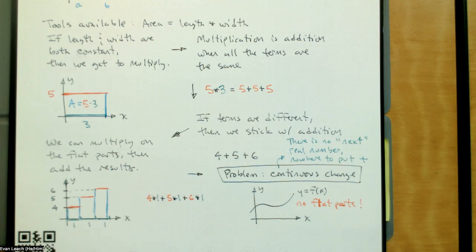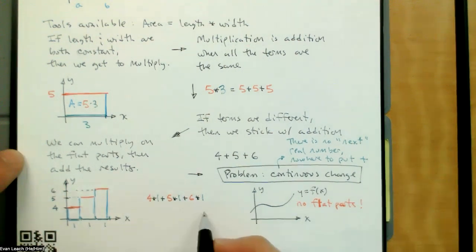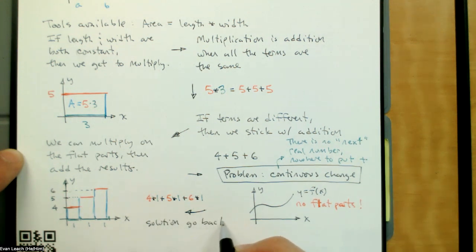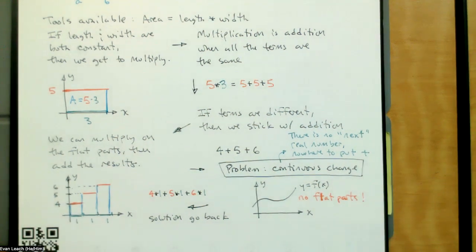Our solution to this problem of continuous change is the same solution that we always apply in math. Kick it back to an older problem. Send the problem back to a lower court. Well, we have this continuous change. There's nowhere to put the plus. There's no next real number. So we just make that happen. Same solution we always do.